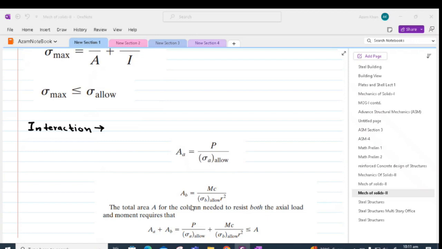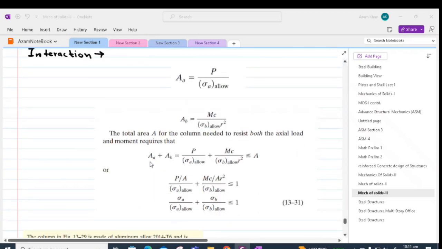Similarly, if the allowable bending stress is taken as σ_b allowable, then the bending area contribution will be Mc/(σ_b allowable r²), where r is the radius of gyration of the cross section. So we can write that the axial area contribution plus the bending area contribution must be less than or equal to the total area of the column.